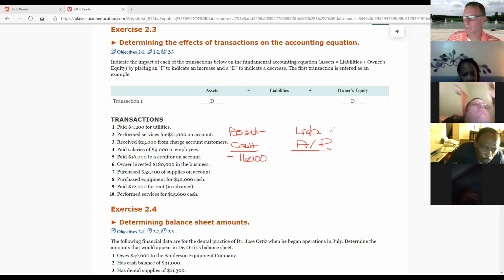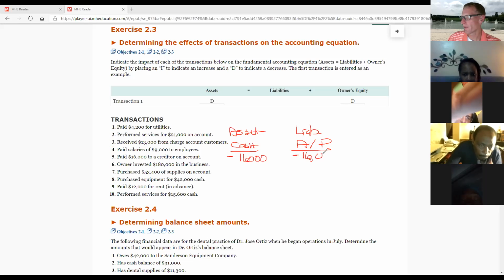Is it going to increase or decrease? Decrease. I'm going to put a minus there because you're paying your debt. So on that one, you'd say decrease cash, decrease accounts payable, which of course is decreasing your liability. So it's coming out of both accounts or just one? Yes, you're reducing cash, and you're reducing accounts payable.